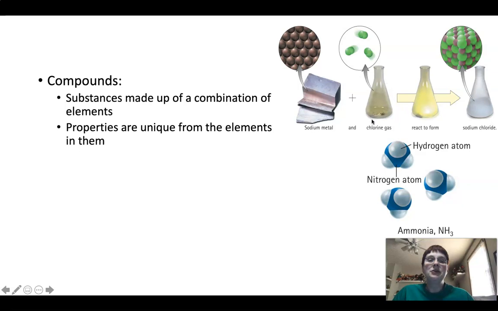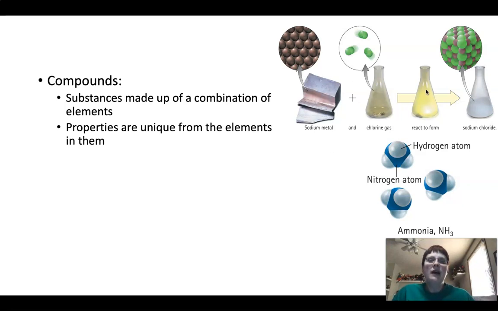We're going to add it to chlorine gas. Chlorine is a gas and sodium is a solid. Chlorine gas might not be very familiar. It was actually used in the Second World War as a chemical weapon because chlorine gas is deadly to humans.